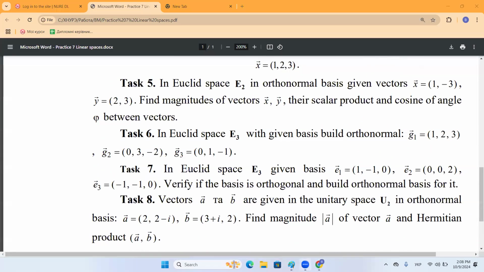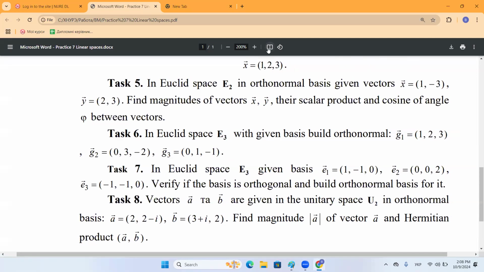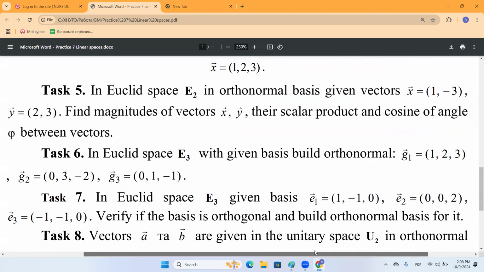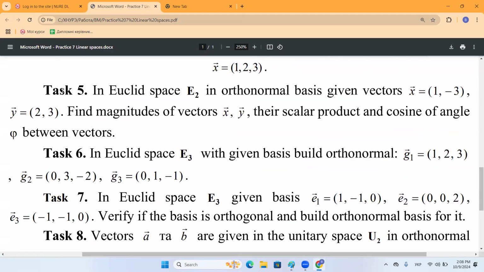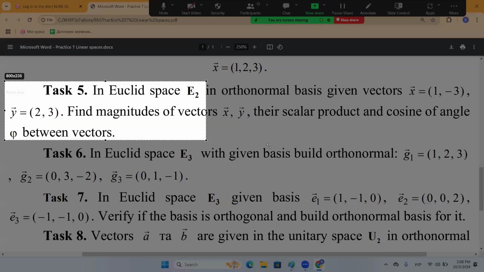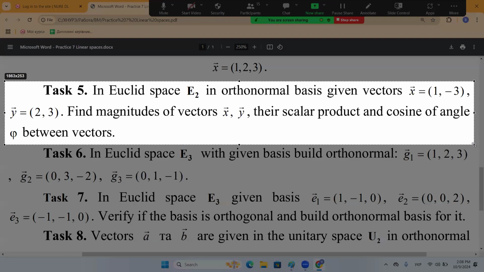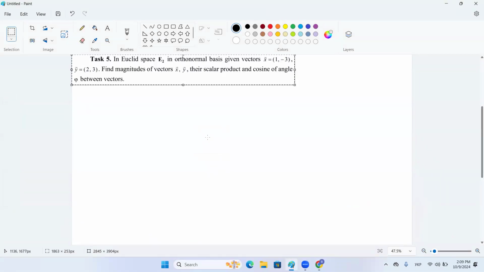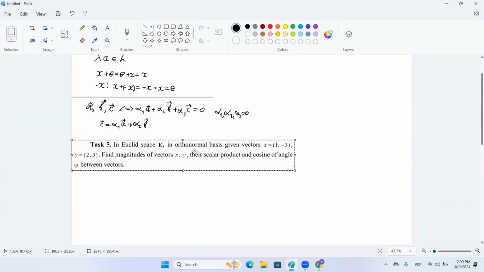What do you remember about Euclidean space? What is it? Which properties does it have? So who remembers? It's a space with two coordinates like x and y. Hmm.